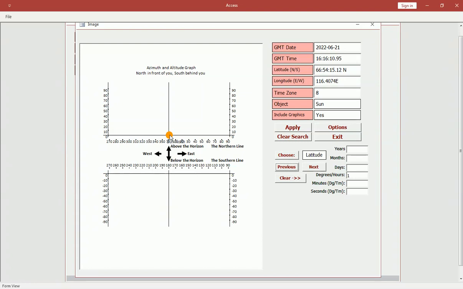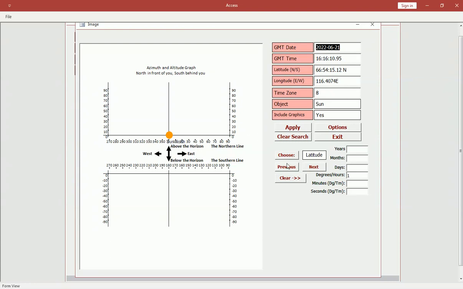What happened here at this particular location, at this particular date, at the time of midnight, that is when the sun reached its lowest altitude, the sun will set, and immediately after that it will rise again. So the sunset point, midnight point, and sunrise point are exactly the same.